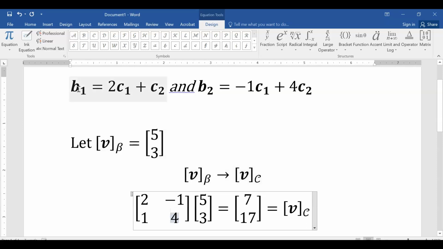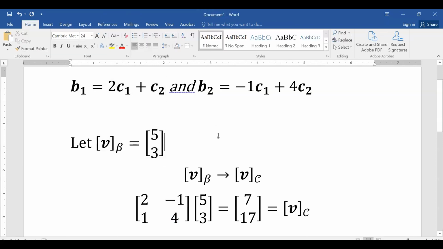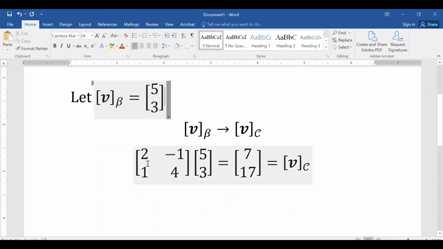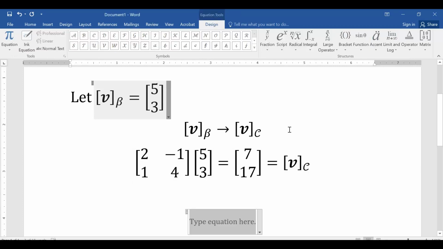And all I had to do was write the elements of B with respect to the basis C. All I had to do was make these columns my basis elements in B written in terms of C. Okay, so in other words, the columns here, this 2, 1, let me write this down here.